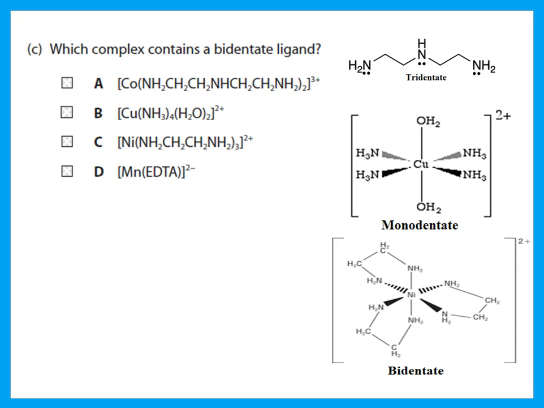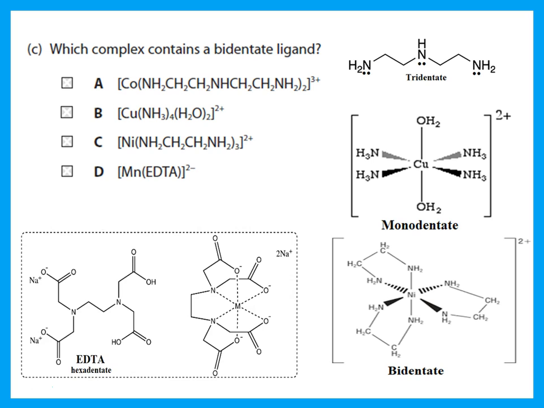Now this one that is bonded to nickel, this has 2 nitrogen atoms per ligand, and that means that each of the nitrogen atoms has a lone pair of electrons that can form a dative bond to the nickel, and that means each of them forms 2 dative bonds. This is a bidentate ligand.